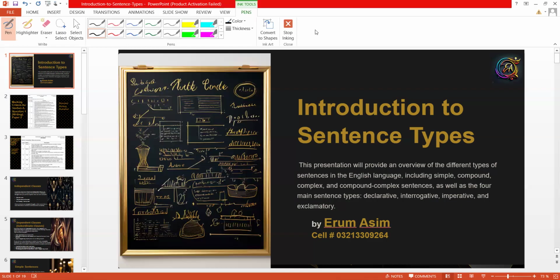The first thing which usually comes to mind is, why are we starting right from the very beginning? Now see, the sentence type is quite important for the writer. Whenever we are writing, it may be any essay or story writing or whatever, we need to have a mixture or a variety of sentences.